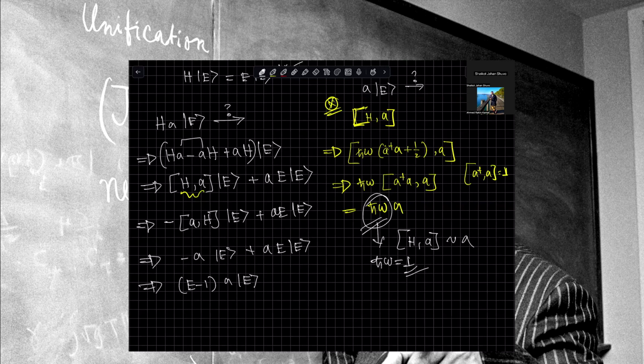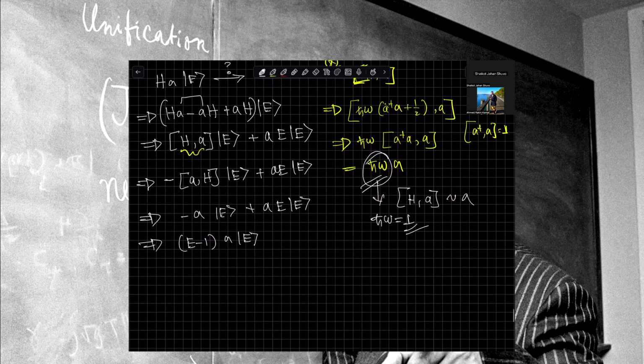The way it will work is the following. If the Hamiltonian was something like A dagger A plus 1/2, right? So instead of writing this h cut omega here, you write H by h cut omega as some H prime. It's like doing some dimensionless stuff.